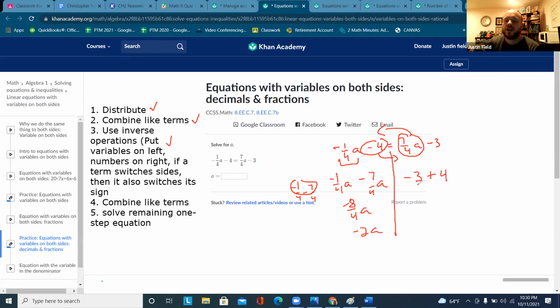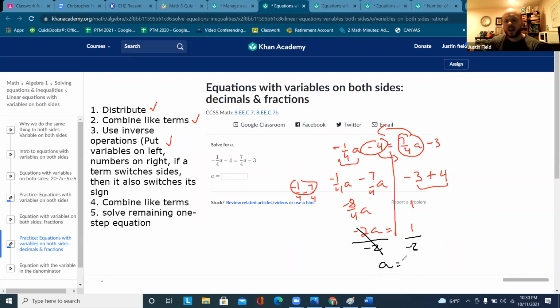And -3 plus 4 is 1. And we end up with the equation -2a equals 1. So now I'm going to solve the remaining one-step equation, which is dividing both sides by -2.